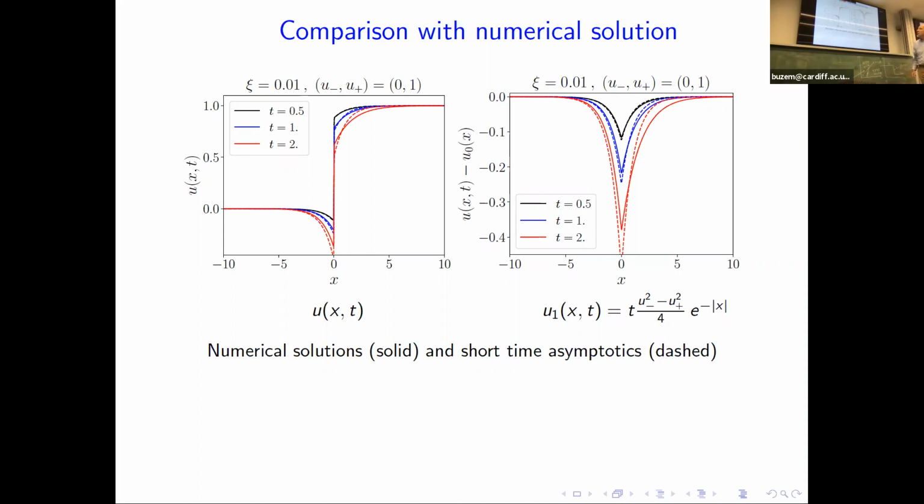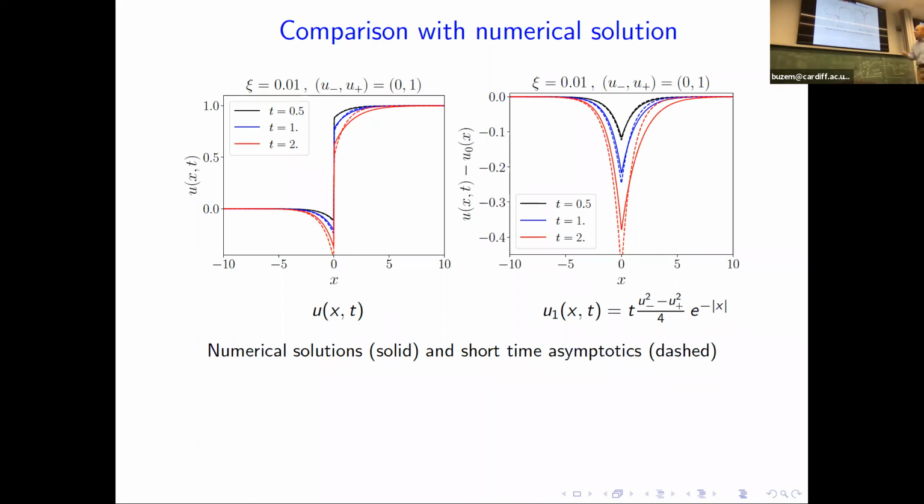Again, there are the asymptotics and the numerical solutions together. I can't remember which is which now. Oh, solid and dashed, and at 3 different times. And then if I subtract off the initial condition, you can see how the dip is modifying U minus.